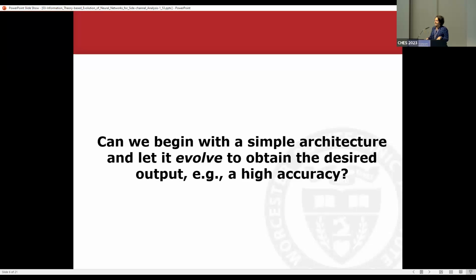And let's agree on this question for the moment. Assume that I have a very small neural network. I want to tweak the connections between the nodes and find the most appropriate one to be applied to traces in the hope that I can attack the targets efficiently.